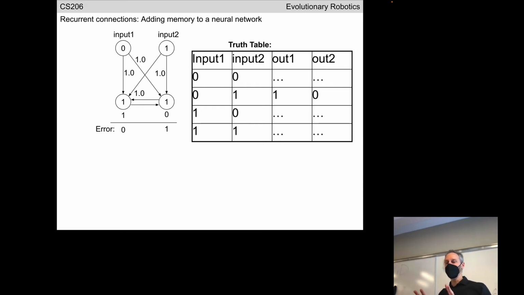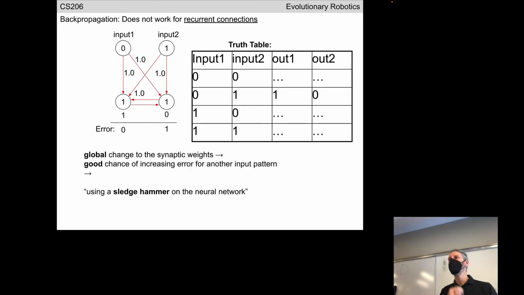So if you follow those 3 arrows entering the bottom right neuron, you're going to arrive at input 1 and input 2, but you're also going to arrive at output 1, the neuron at the bottom left. And the neuron at the bottom left has 3 incoming synapses. So if we propagate error backwards, I painted in red all of the synapses that have to be altered in order to fix the original problem that was originating at output 2.